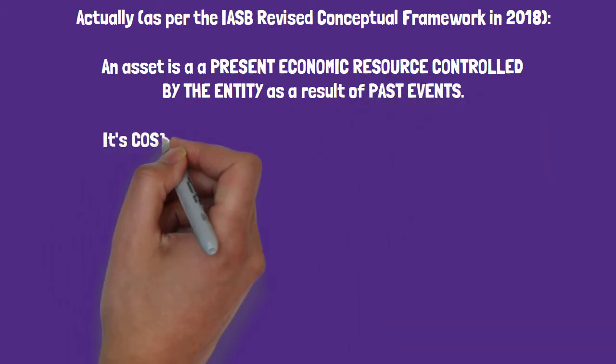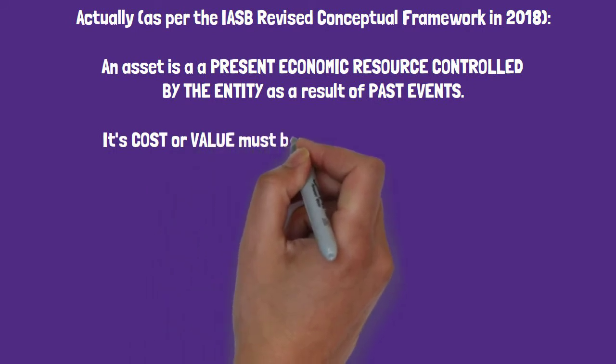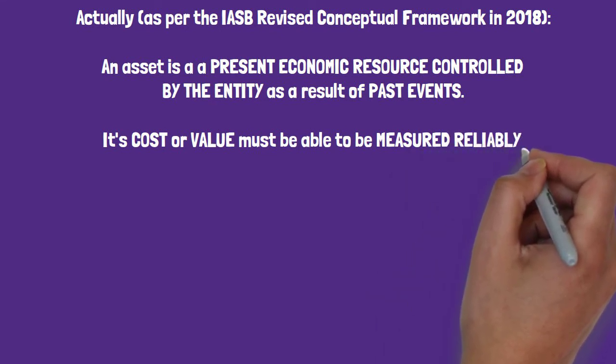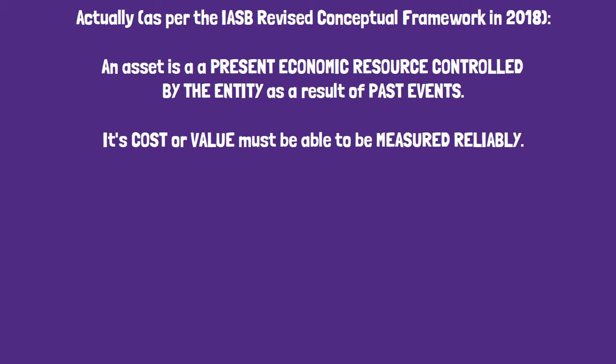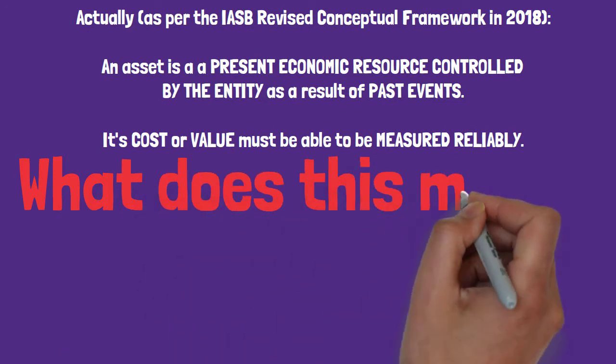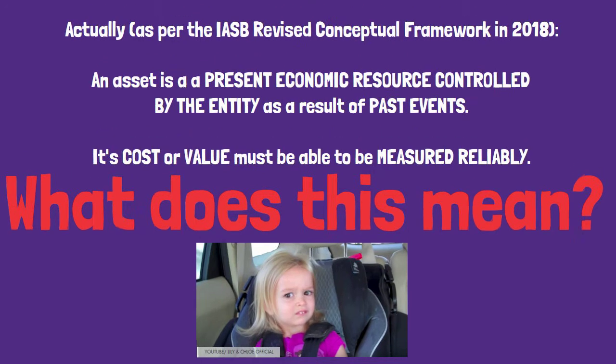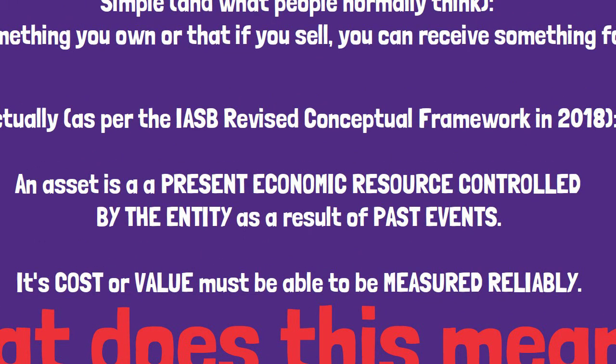An asset is a present economic resource controlled by the entity as a result of past events, and not forgetting that its cost or value must be able to be measured reliably. But what does that all mean? Well, we're going to define the different elements in that sentence and explore them in more detail to give you a clearer understanding of what an asset really is.